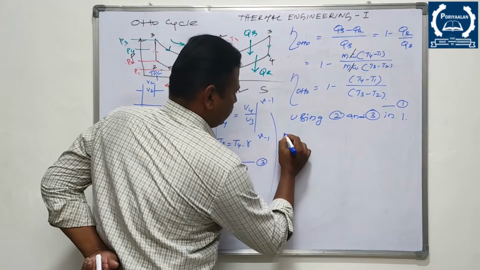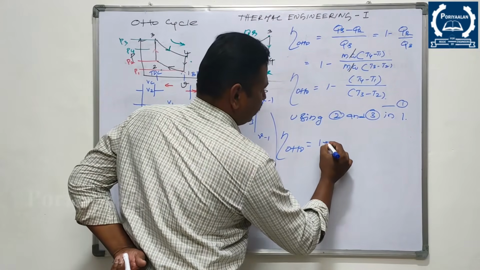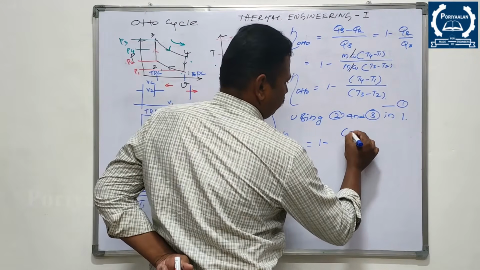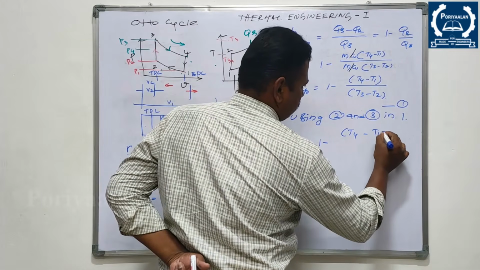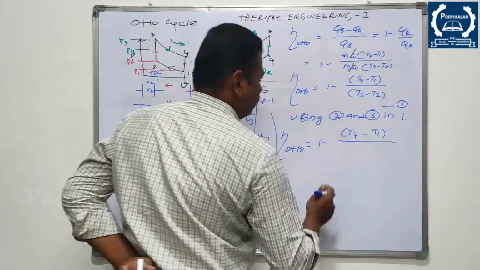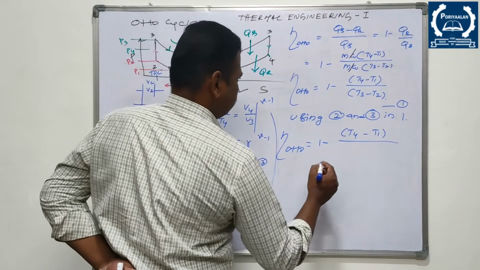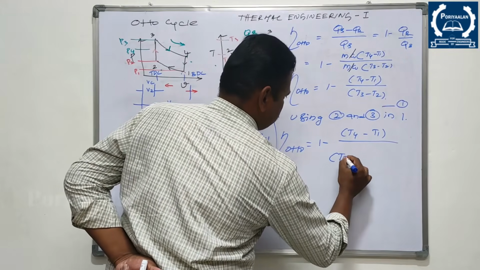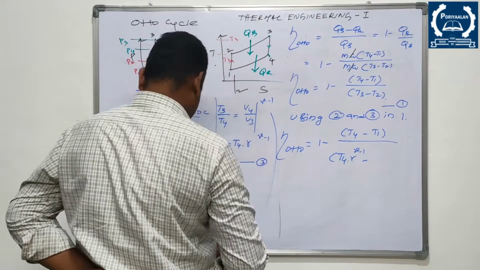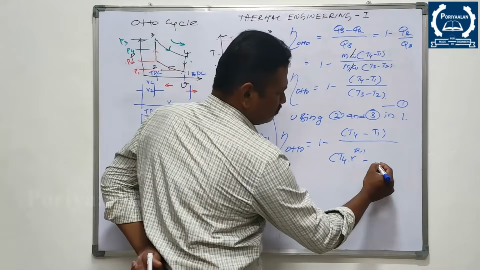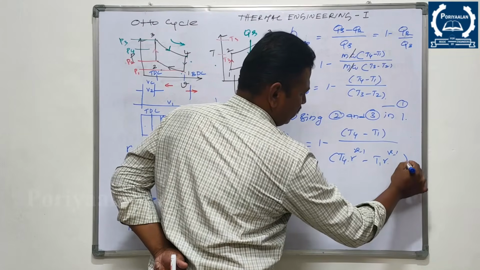The efficiency of the Otto cycle will become 1 minus of T4 minus T1 divided by T3. I am replacing it with this relation, that is T3 is T4 times R power gamma minus 1. Likewise T2 is nothing but T1 times R power gamma minus 1, right?